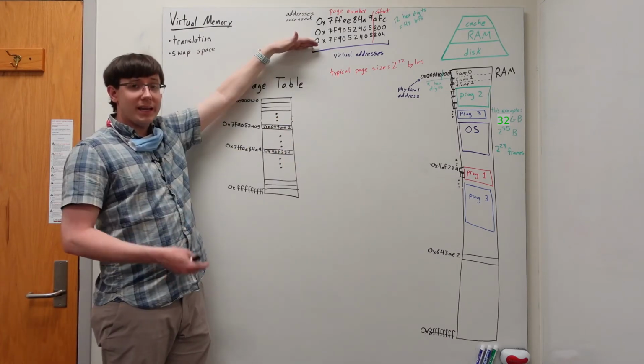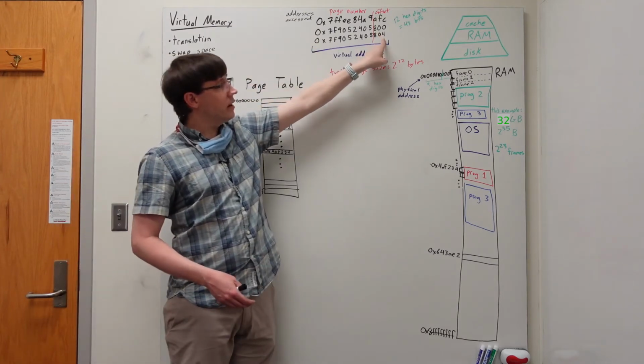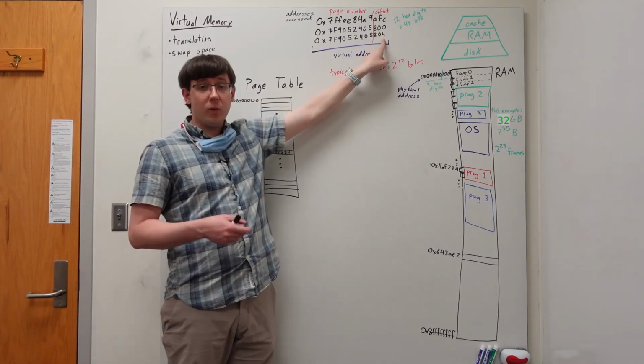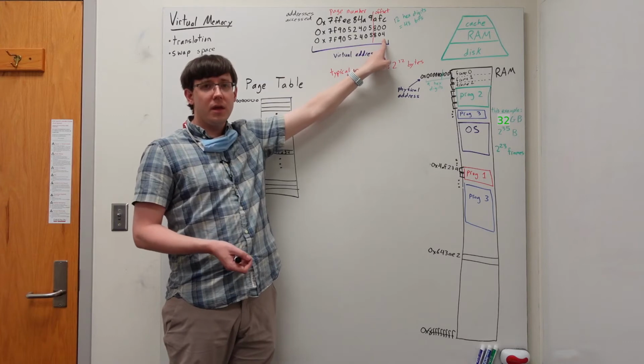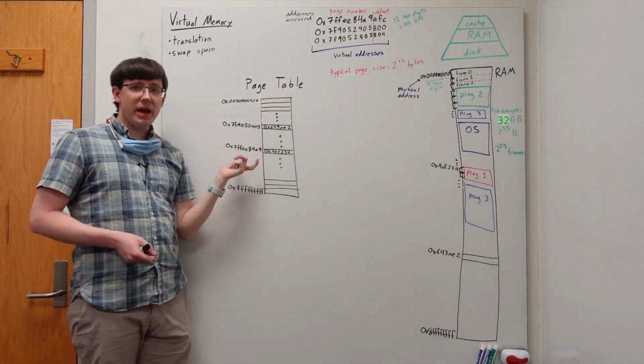Then if we subsequently access some other address that's on the same page that we already allocated, there will be a mapping for that page in the page table.